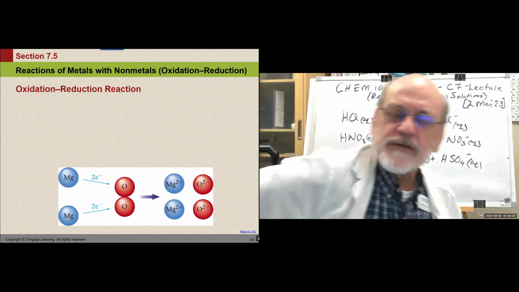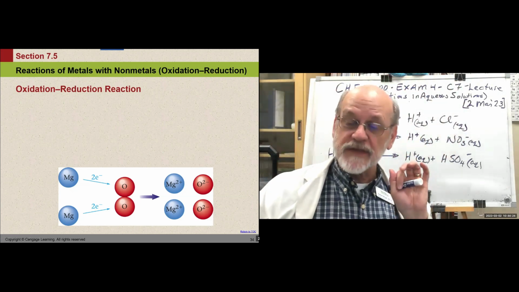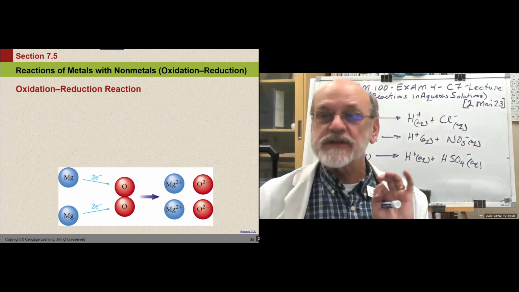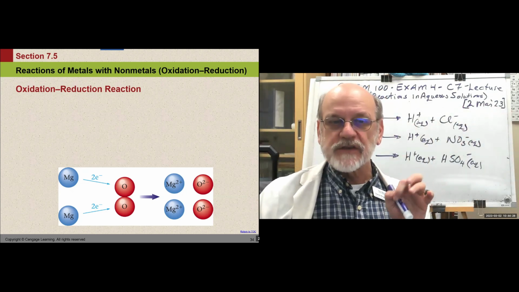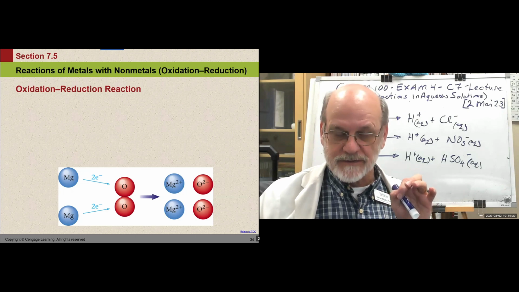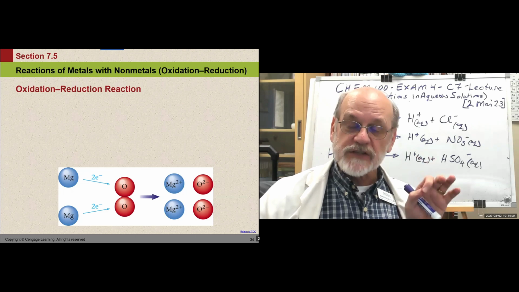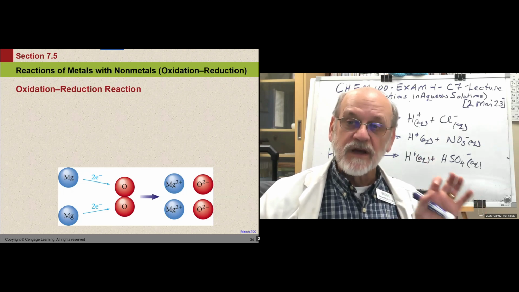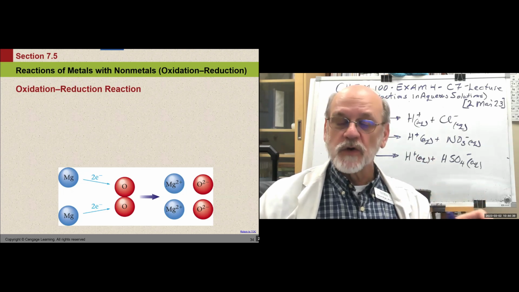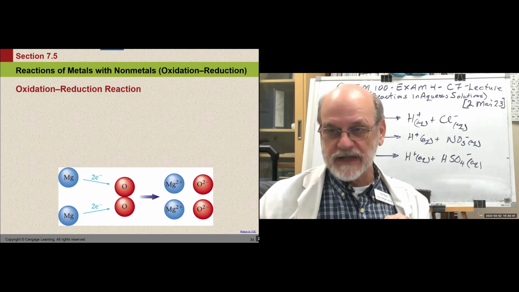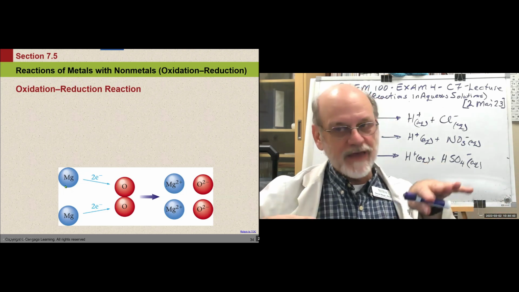Okay, when we transfer electrons, remember we said that was a driving force? There's a name for that reaction. It's called oxidation reduction. And the reason it's called oxidation reduction is oxidation defines loss of electrons, reduction defines gain of electrons, and they always occur together.